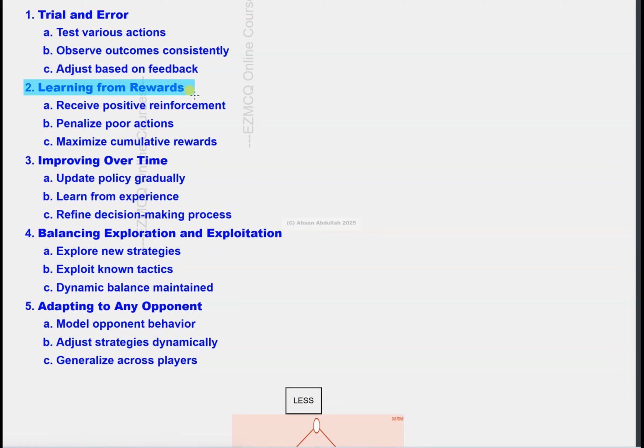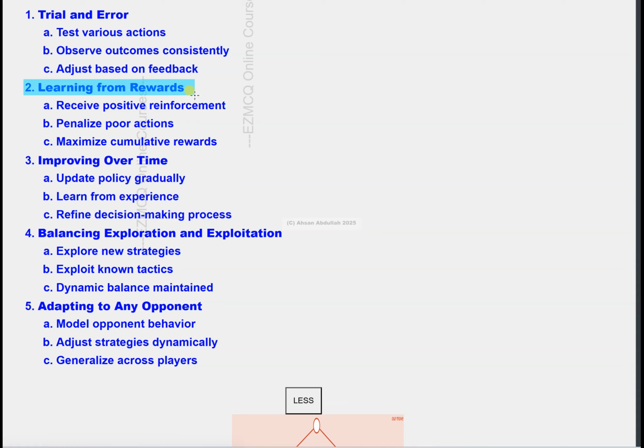Those rewards act as positive feedback, in the sense that they reinforce good decisions. So not only are good decisions reinforced, but poor ones are discouraged also.